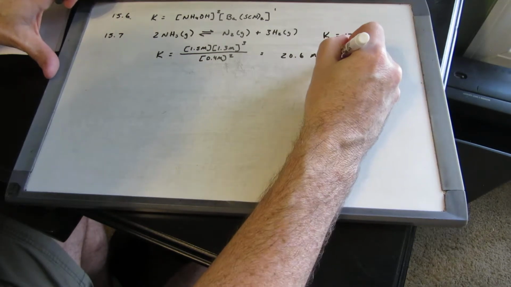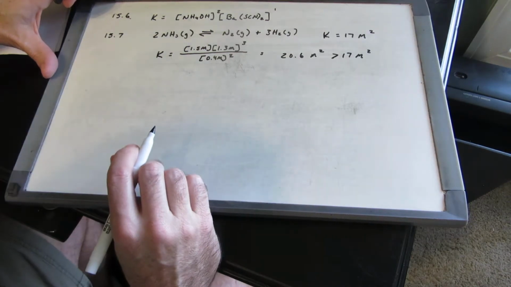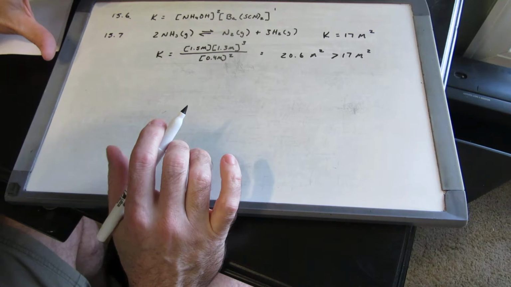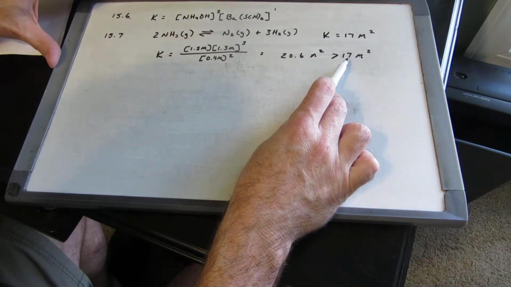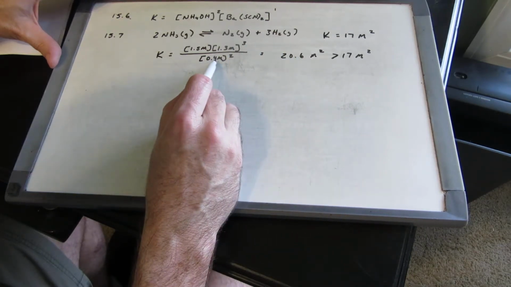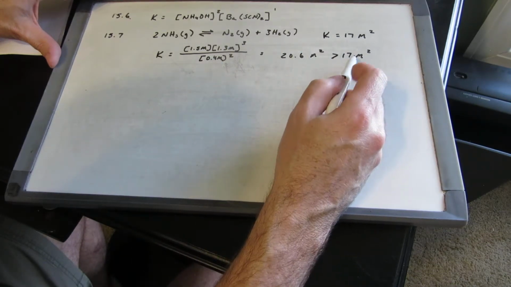Now that is greater than the equilibrium constant of 17. So which way will the reaction shift? Well, the calculated K is greater. So we need this number to get smaller, so we need our reactants to increase, because they're in the denominator. In order for that number to get smaller, we need it to equal 17.